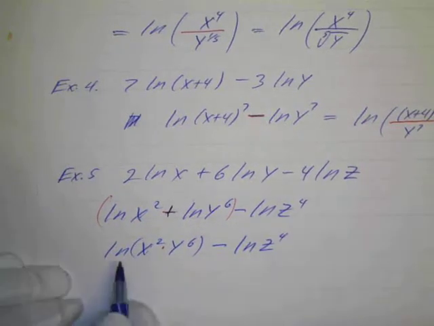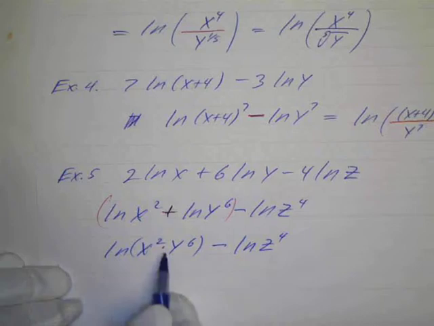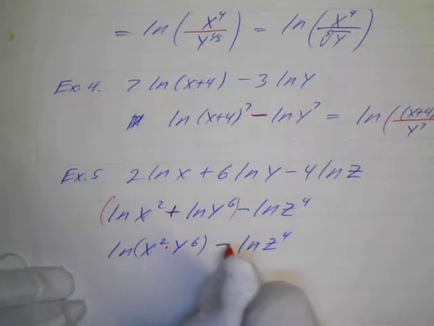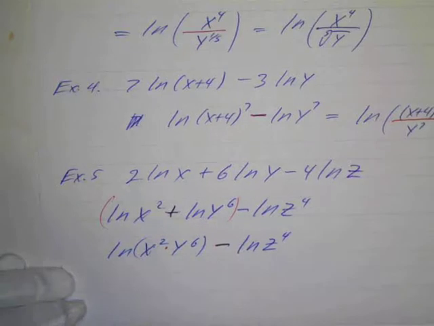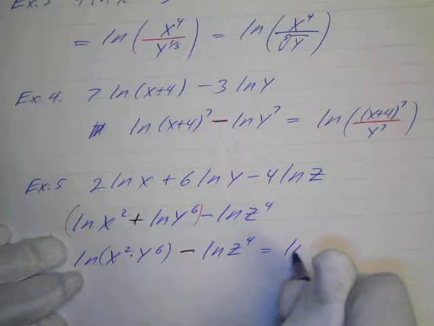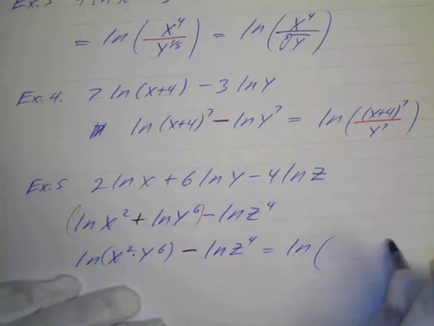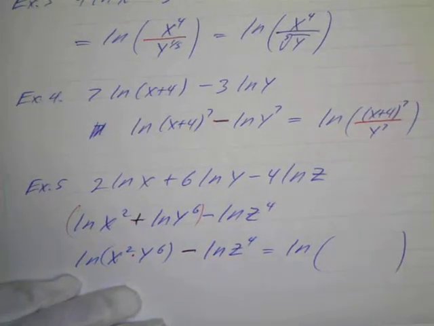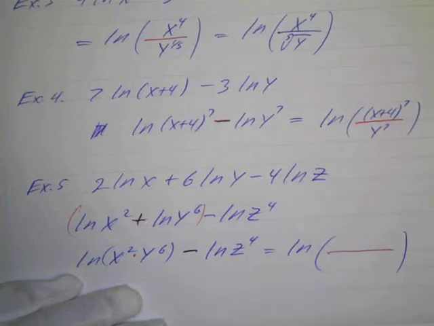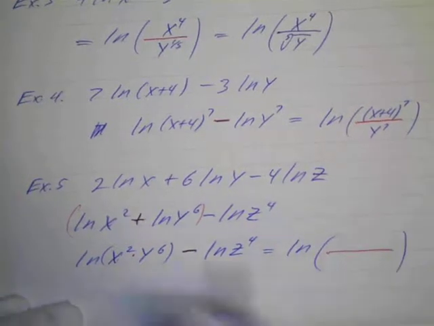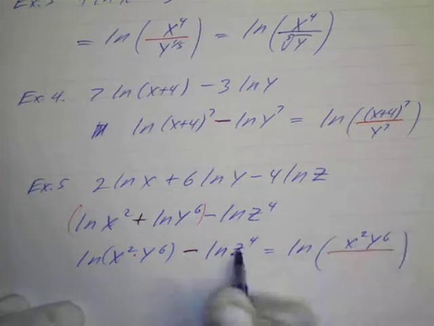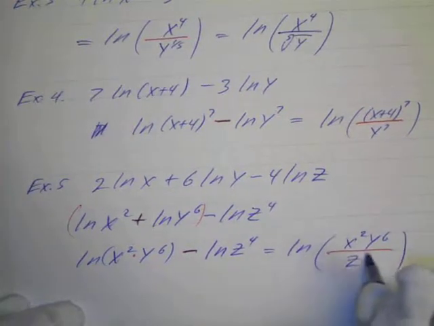And now I've got the natural log of something minus the log of something, so I'm going to apply the quotient rule. And there's going to be my quotient right there. That's going to equal one natural log. There's my quotient bar, my fraction bar, and this is going to go on top: x squared y to the 6th, and this is going to go to the bottom, z to the 4th.